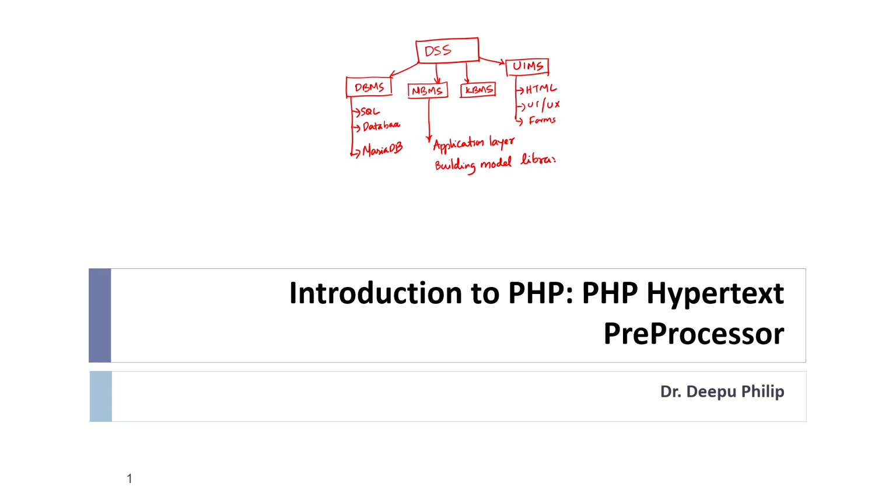There are multiple ways to do this, but for the purpose of this course, we are going to do it mostly with PHP, a server side scripting language. That is what we are going to study, and then the knowledge based management system we will study towards the end.